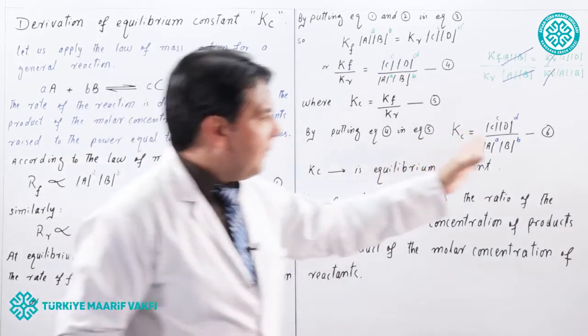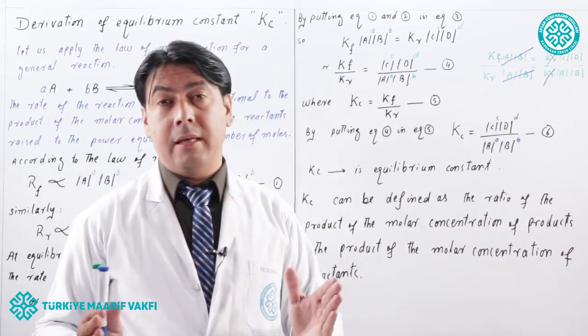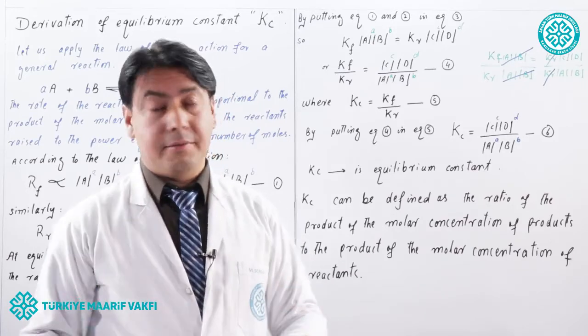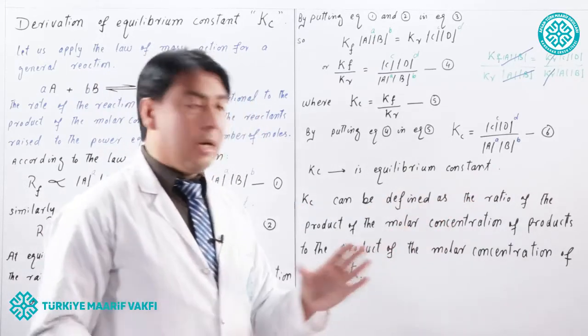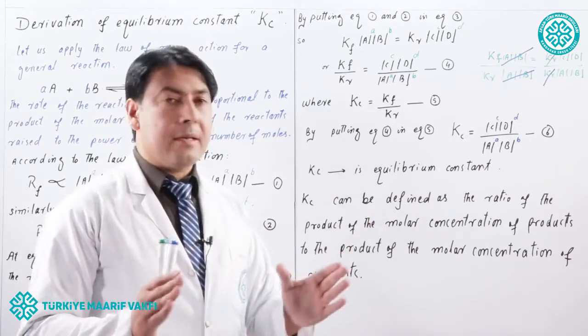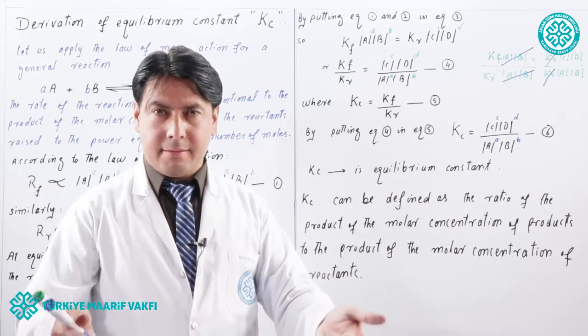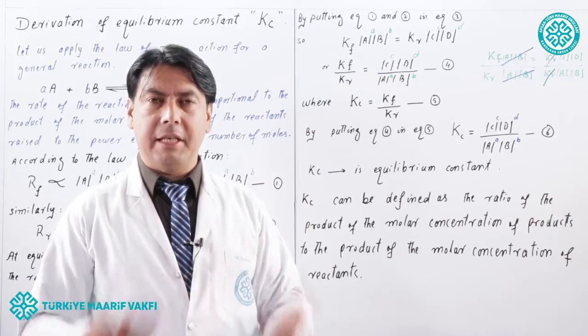So from equation 6, the equilibrium constant Kc can be defined as the ratio of the product of the molar concentrations of products to the product of the molar concentrations of reactants.